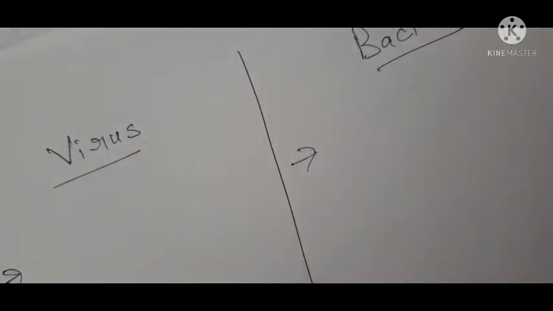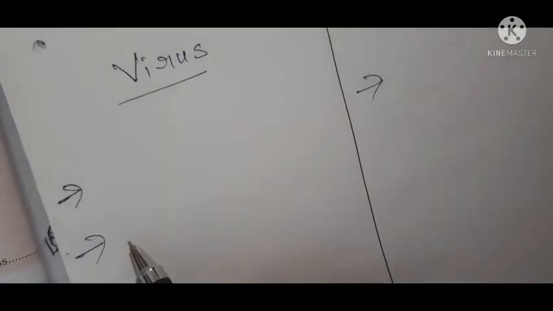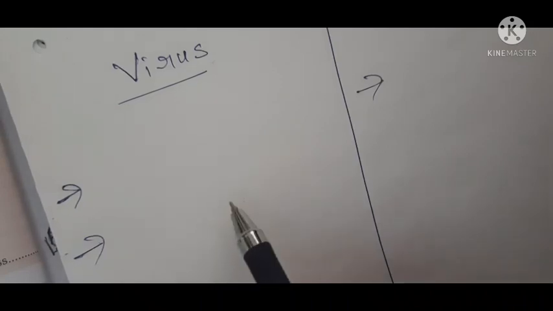Okay, so write like this. First you can write that viruses are smaller in size compared to bacteria. Under bacteria you can write bacteria are bigger in size. Second, under viruses you can write they do not show the characteristics of living beings like excretion, nutrition, respiration.